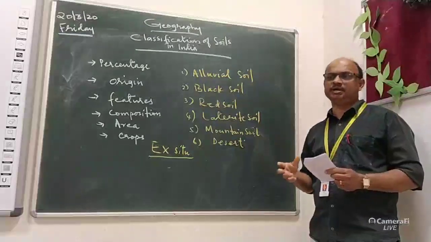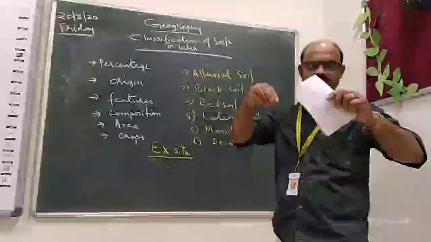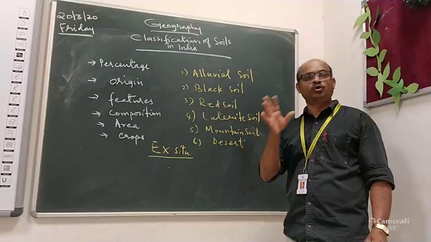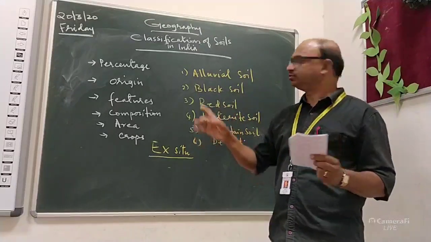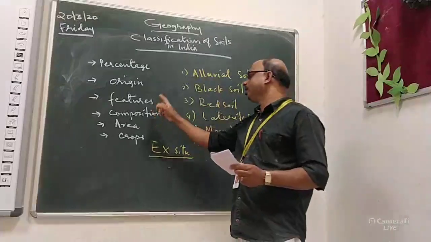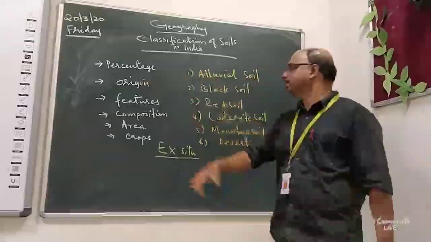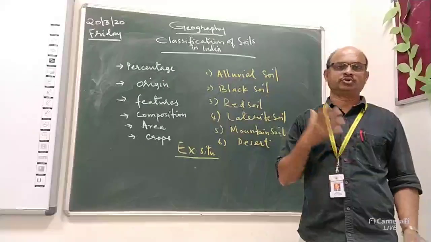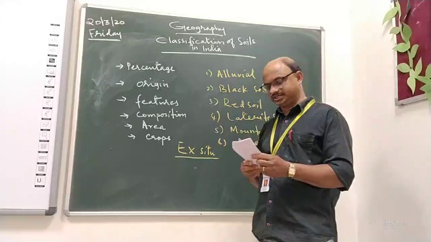For example, in certain areas vegetable matter mixes with the rivers and is deposited, so humus content is there. Otherwise humus content is also less, but it is rich in potash and lime. So this is the main composition. For example, in an examination two years back, the ICSE question paper asked what is the mineral composition. So the mineral composition here is rich in potash and lime.